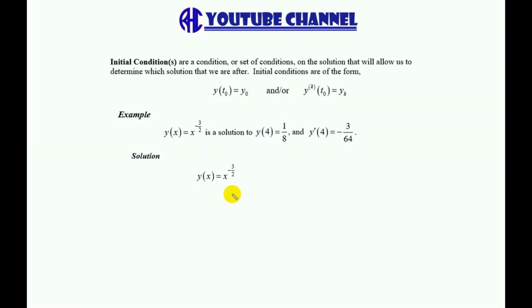Simply substitute the value of x to 4. So, ano mangyayari? Ito. So, 4 magiging 4, so negative 3 halves. Okay. Paano nangyari na naging 1 over the square root of 4 cube yung 4, so negative 3 halves?